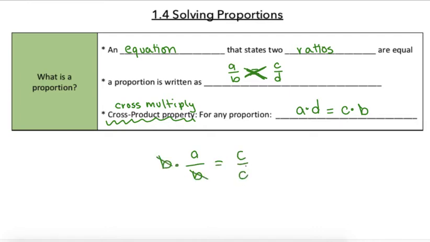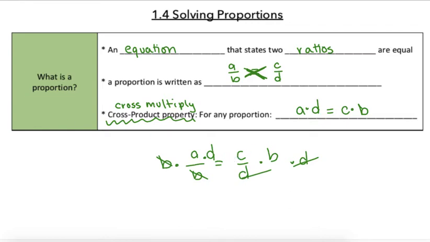And whatever I do to one side, I have to do to the other. That's where I get the C times B. If I don't like the division here, I can also multiply, get rid of it, multiply it on the same side. There's my AD. Here's my CB. It's a quicker way, instead of doing all of this, to just go cross multiply. But that's where it comes from.